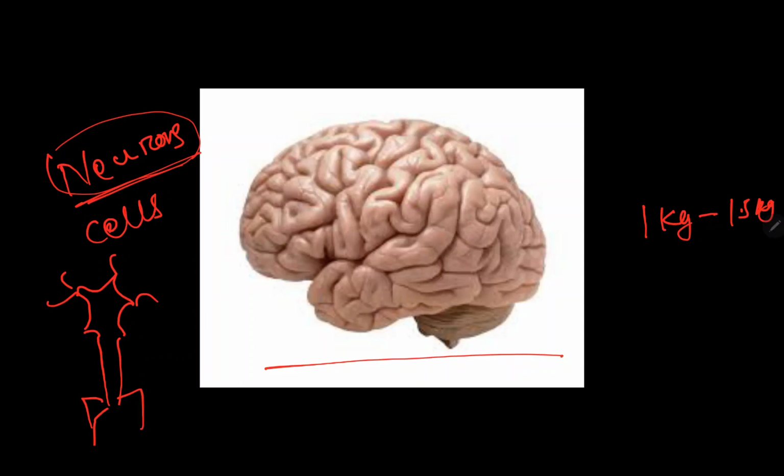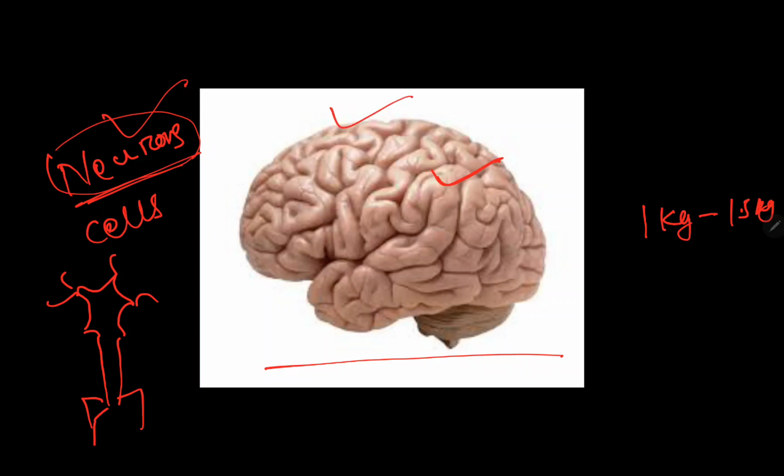Recent estimates have suggested that the brain contains around 86 billion to 100 billion neurons. So, you can say these neurons are the fundamental unit of your brain.